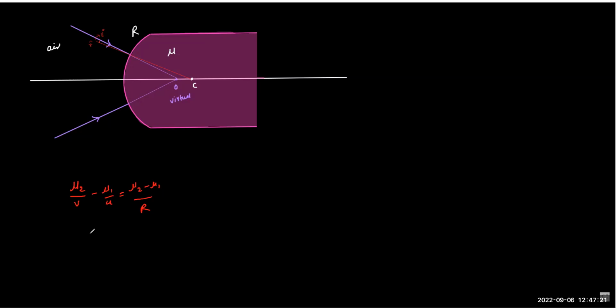So the whole idea is, no matter which kind of object we have, whether it's real or virtual, the medium from which the ray is coming and is going to be incident is called the first medium.